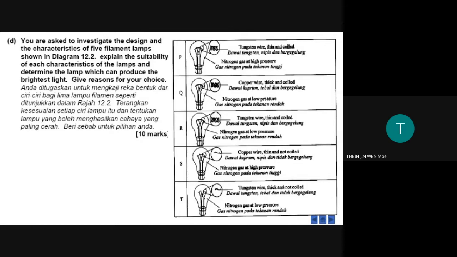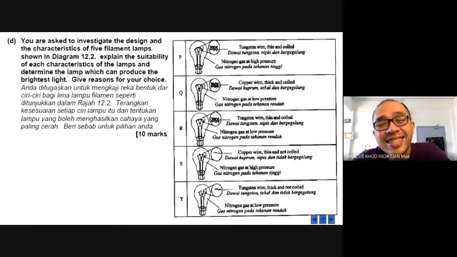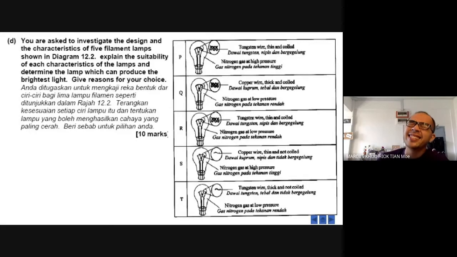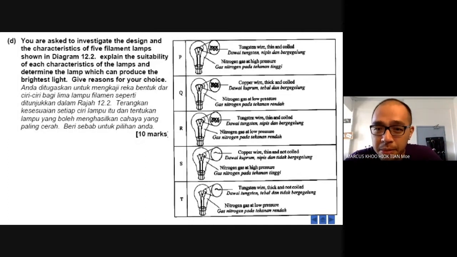High heat energy. Tian, you're refusing to use the word that I like to use. High resistance. High melting point, high heat energy, high heat produced. High resistance. All right, next, thin or thick?